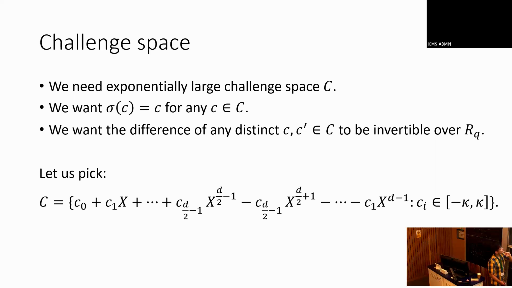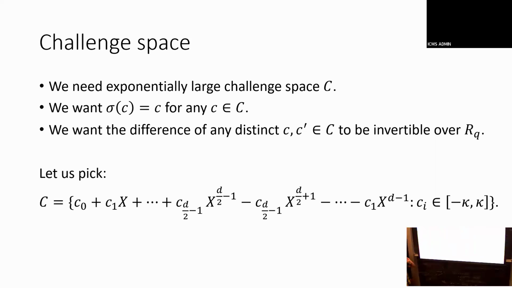So I'm going to manually construct such a challenge space. I have a constant term, then the first half, which is arbitrary, and then the second half, which is the negation together with reverse.